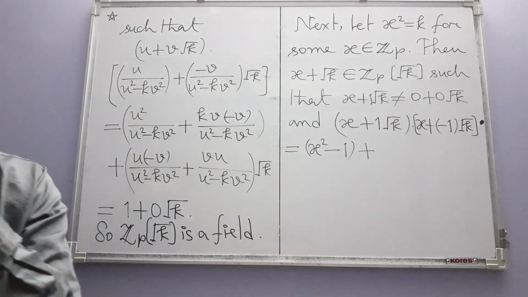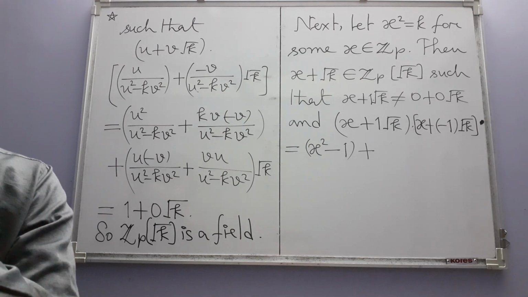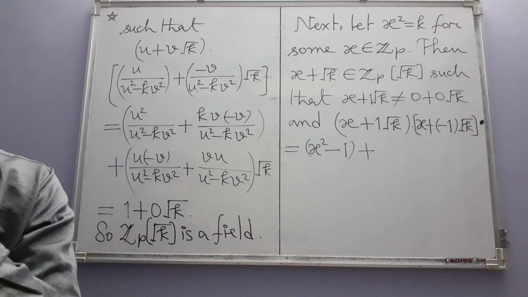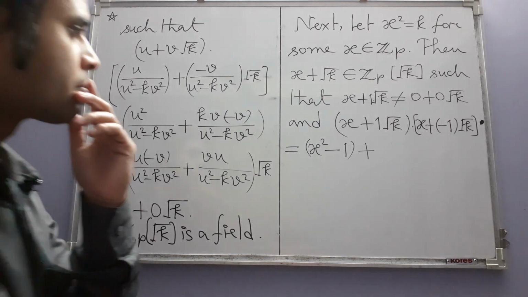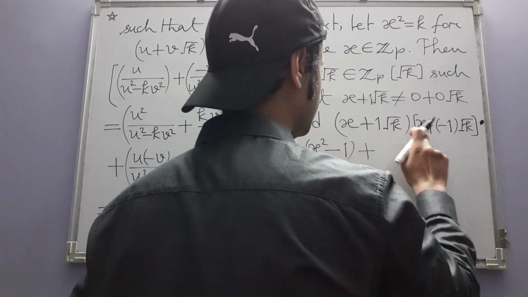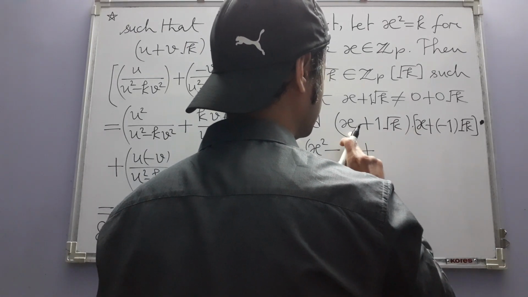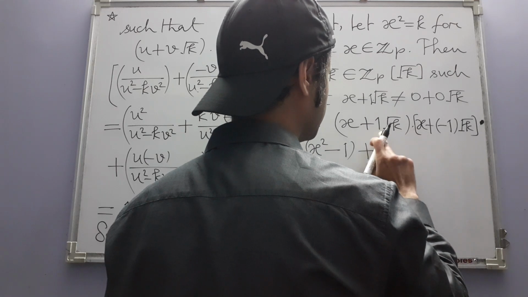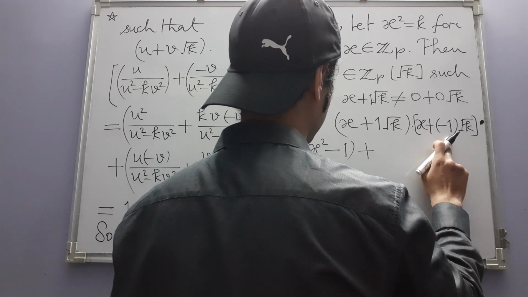What was the element? x square minus k square. No? Here we are having x square minus 1.